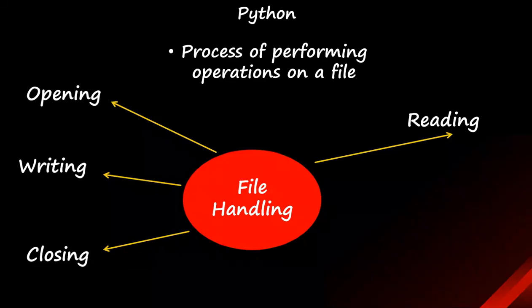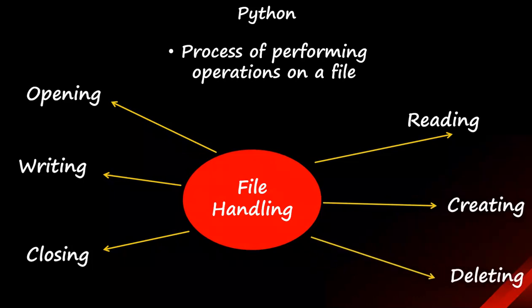You can read a file character by character, including all the white spaces, or line by line. There are separate functions for that. Then creating a file and deleting a file. So these are the basic processes we can do on a file.